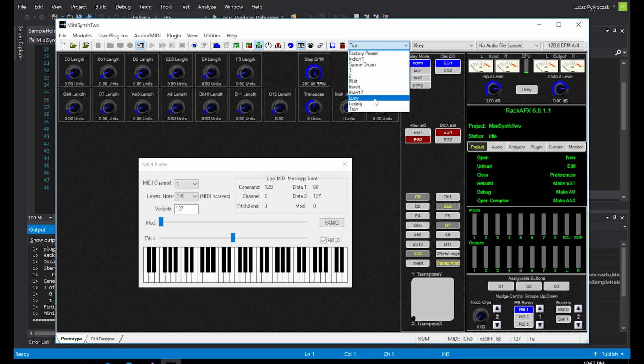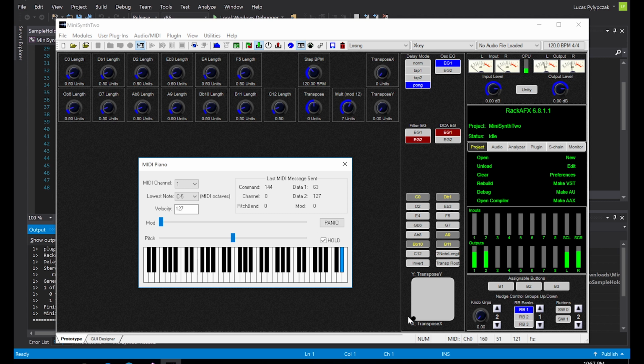So the next example does the same inversion as well as transposition on the y-axis.